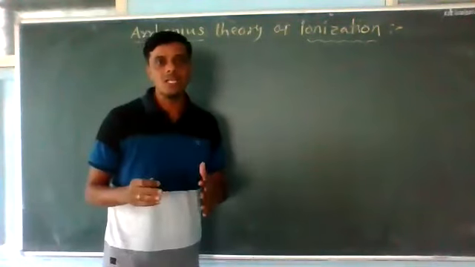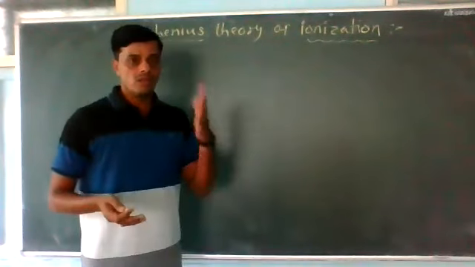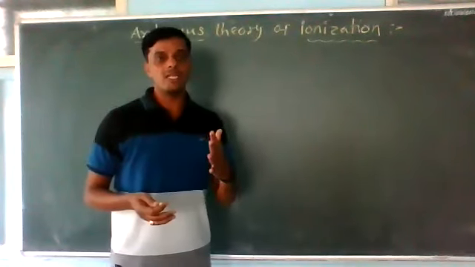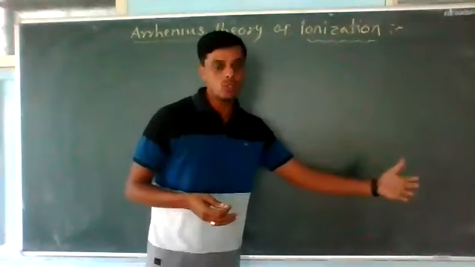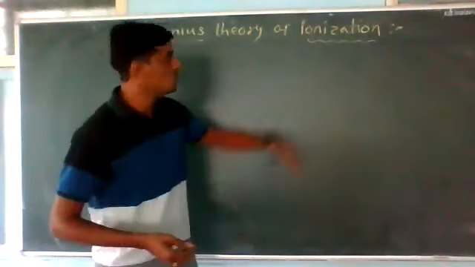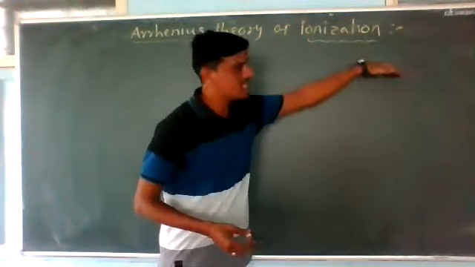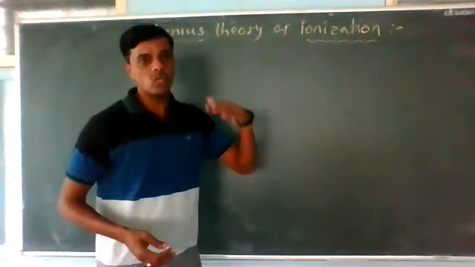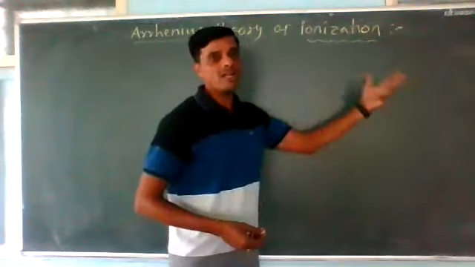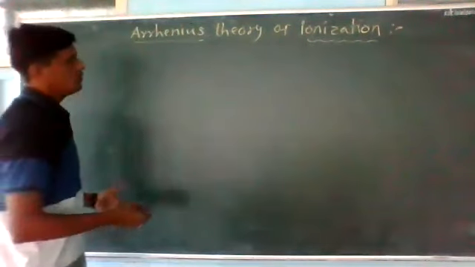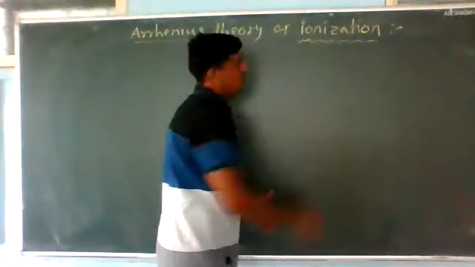Ionization is the process in which a neutral electrolyte gets ionized into ions. The neutral electrolyte undergoes a process in which ions are formed. That process is known as ionization.